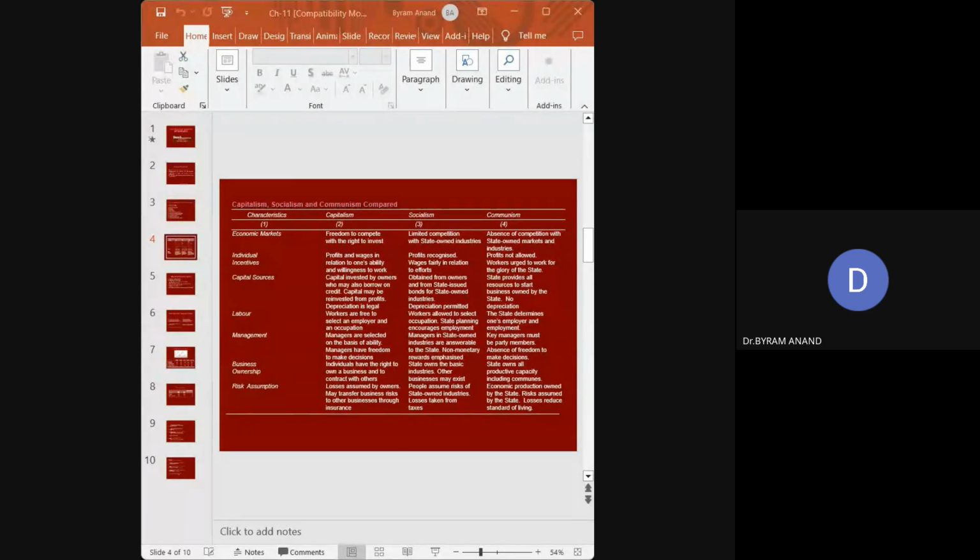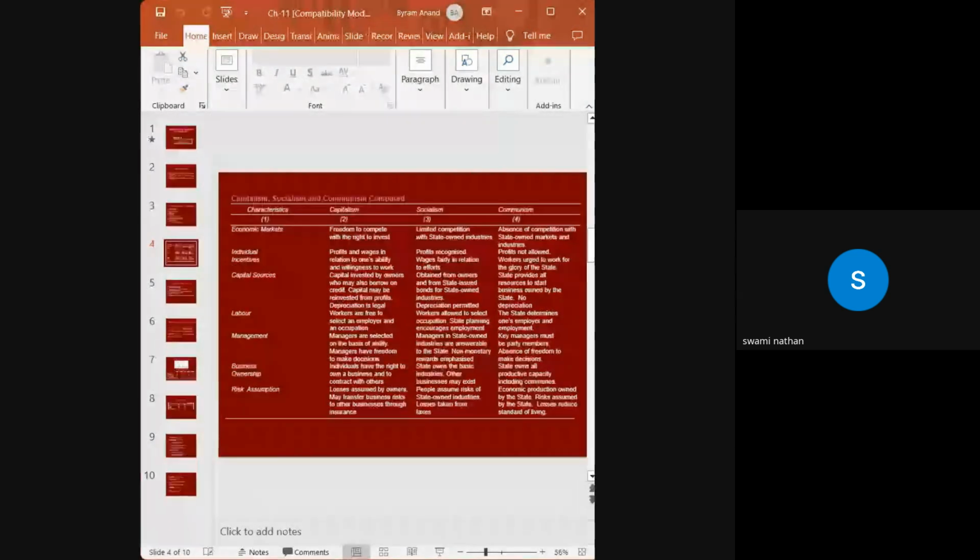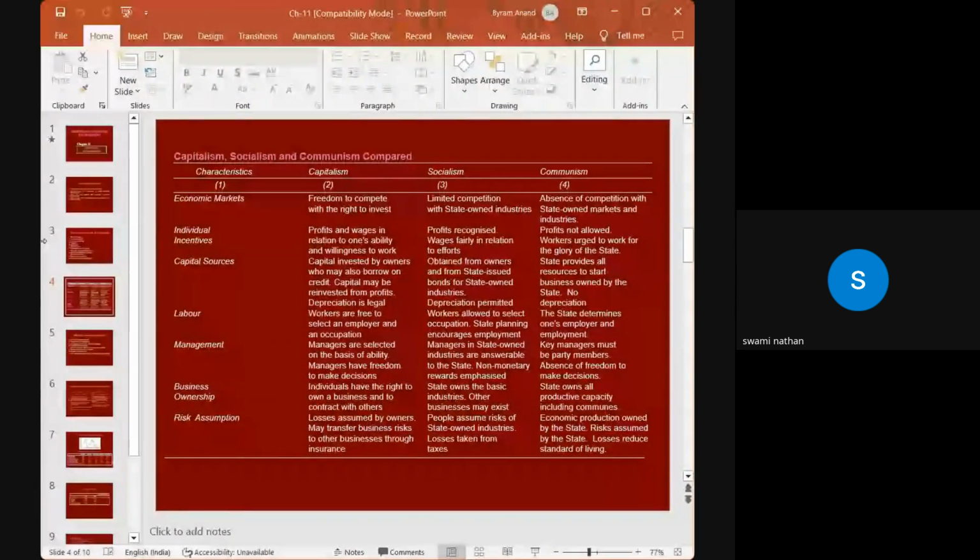Now, when you're talking about this economy, we have economic markets that are characterized by capitalist economy, socialist economy, and communist economy.